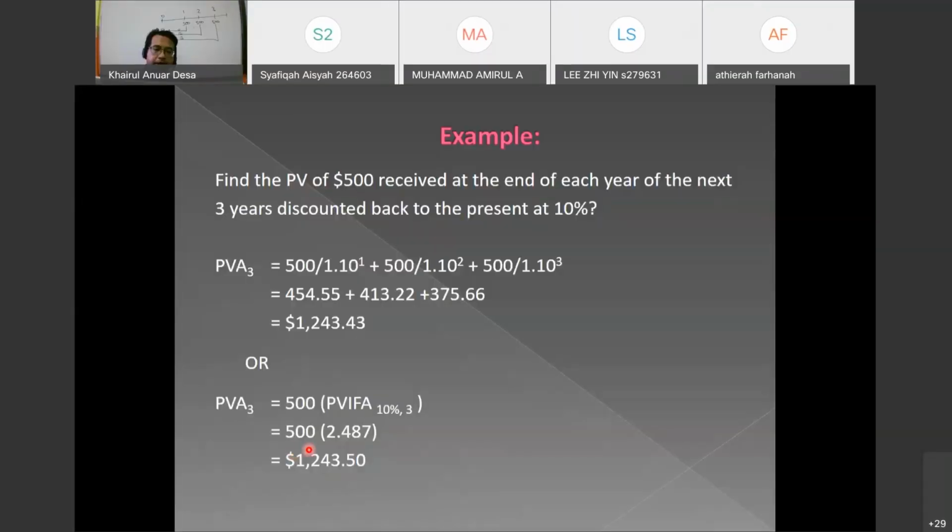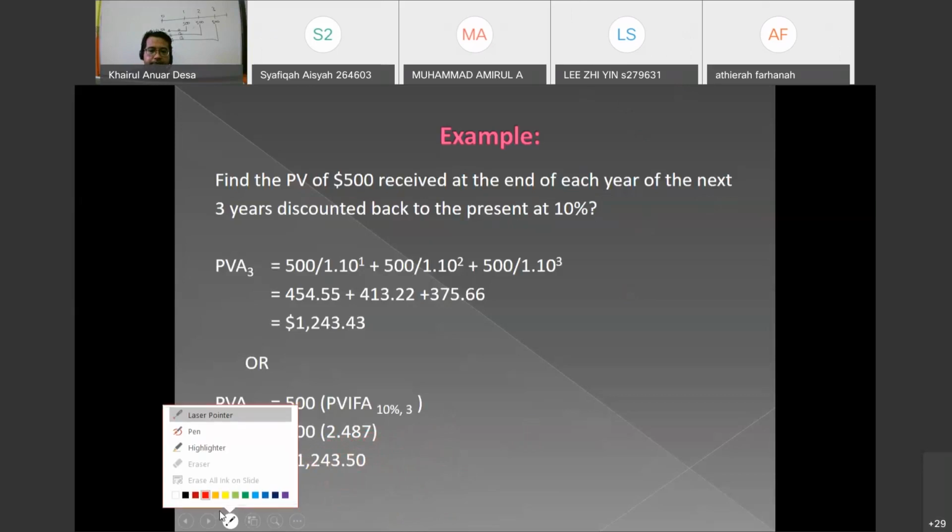Ni ya. 500 times 2.4869 is 1243.45. So you akan dapat result yang hampir sama di sini. Boleh nampak? Boleh dapat di situ? Boleh kita ke slide yang lain? Okay, move to the another slide.